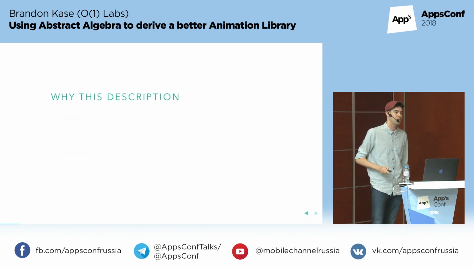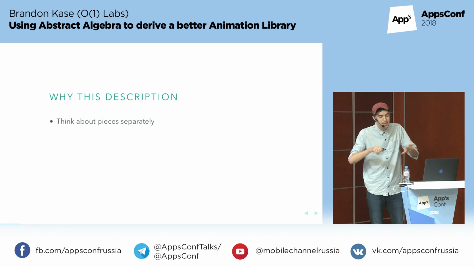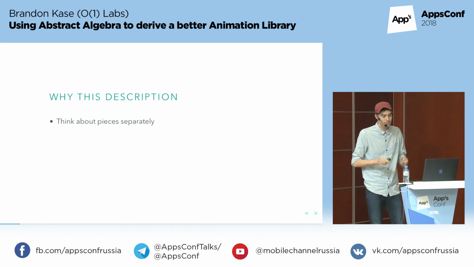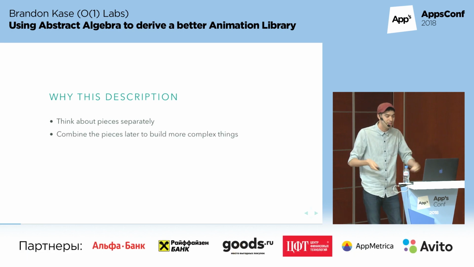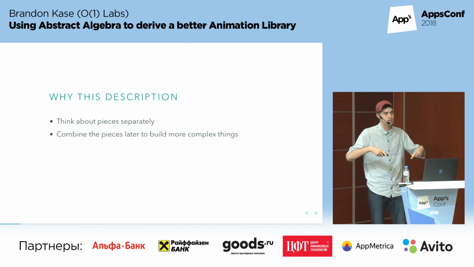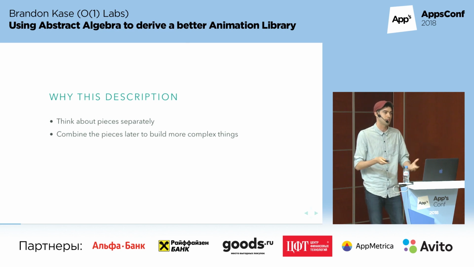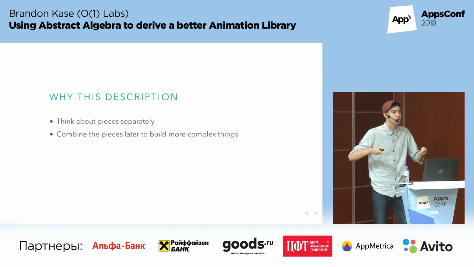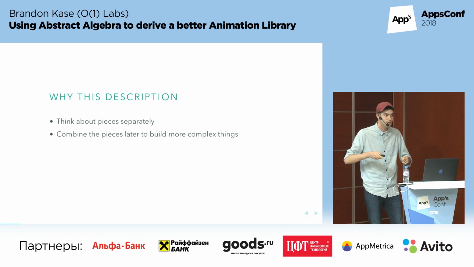Why is this a good way to describe things? Well, we can think about the pieces separately. We think about the left on the left. We think about the right. We can have two different engineers build those. We can have a third engineer combine the pieces later. There's nothing about the left and the right that leaks into the notion of running them at the same time. I don't care if the animation is on different views, like if the left is on one view and the right is on another view. I don't care if it's two properties on the same view. It shouldn't matter.